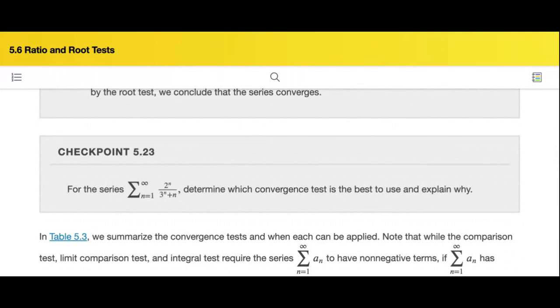I only got the limit comparison test using geometric. Yeah, you could do that, yes. You could use the limit comparison test with 2 over 3 raised by n.